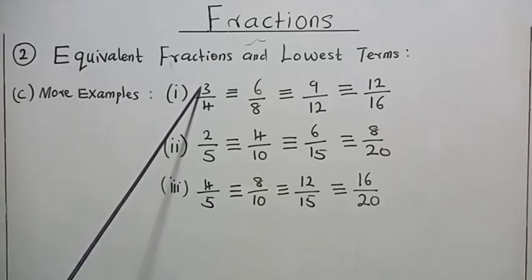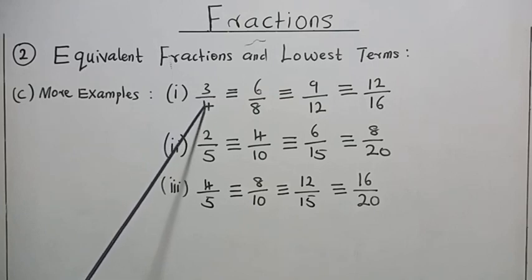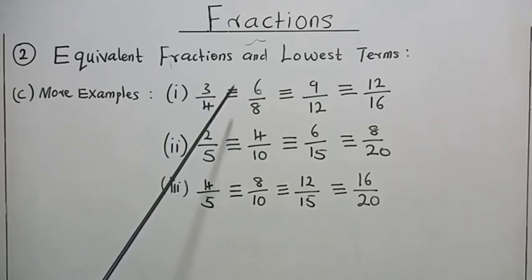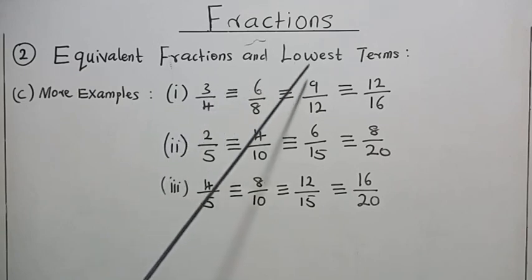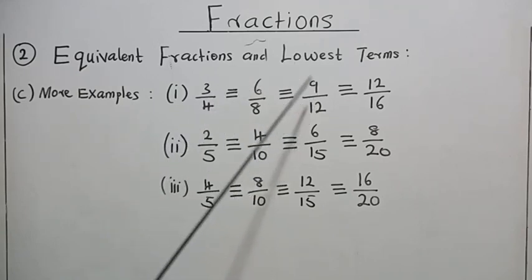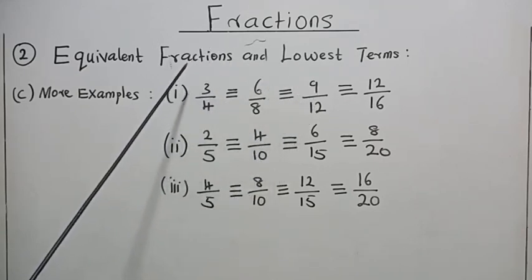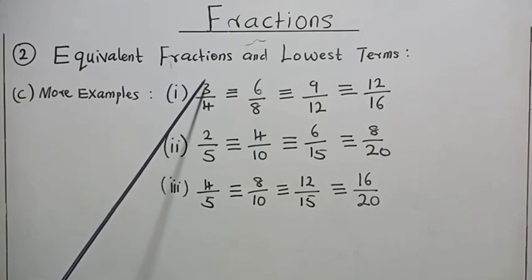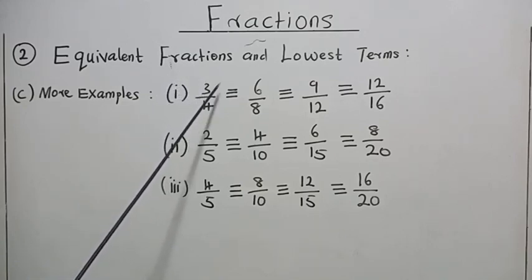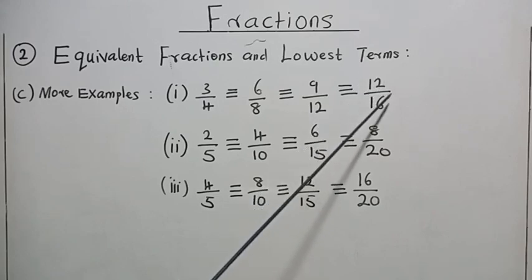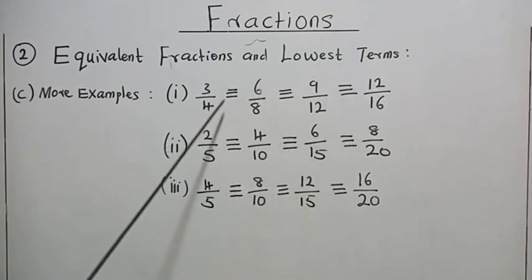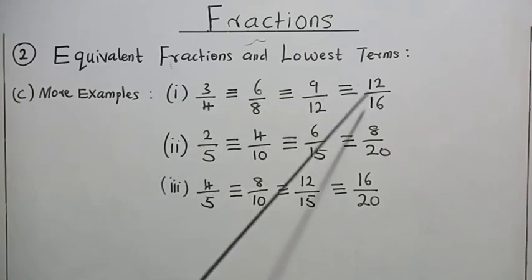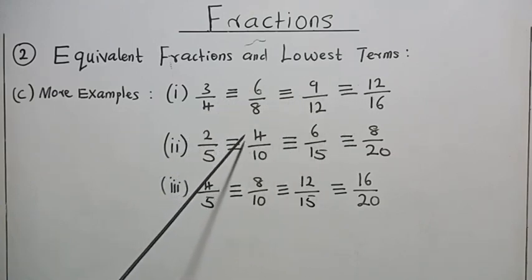I chose 2 to multiply 3 and 4 to get 6 and 8. Let me choose 3 to multiply 3 and 4. That will give us 9 over 12. I will choose 4 to multiply 3 and 4 to give us 12 over 16. That is 3 times 4, 12. 4 times 4, 16.